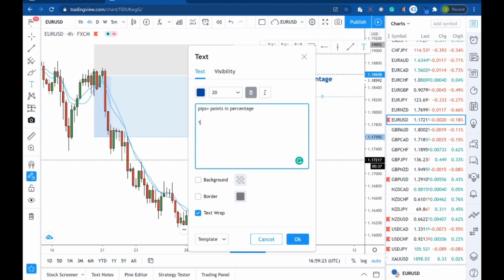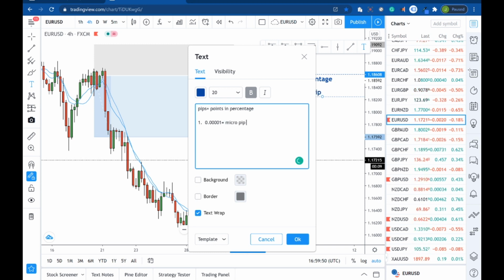And let's just do number 1, where the price is 0.0000, let's add a 1. So we have 4 zeros after the point. The next one is definitely a micro pip. Not everybody accounts for this.